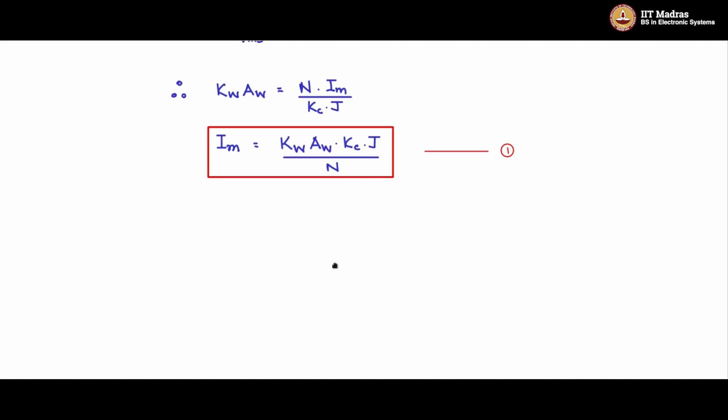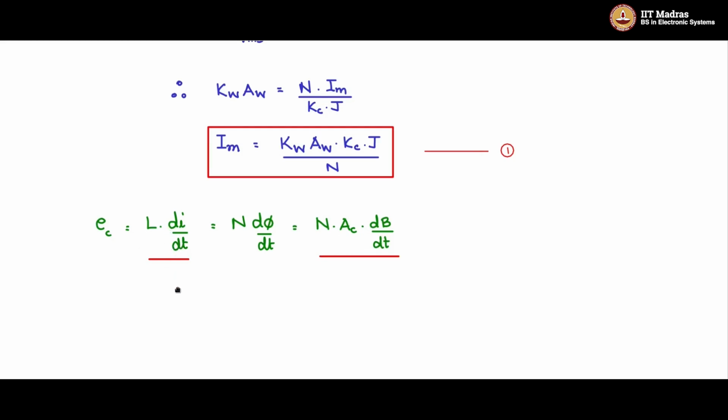Next, we go back to Faraday's law. The voltage induced across the coil is equal to L di by dt, which is also equal to N d phi by dt. Now phi can be written as Ac into B. Ac is a constant, so N Ac dB by dt. Consider these two. If the voltage is constant, the rate of rise of the current is linear. Therefore, the rate of rise of the flux density should also be linear.